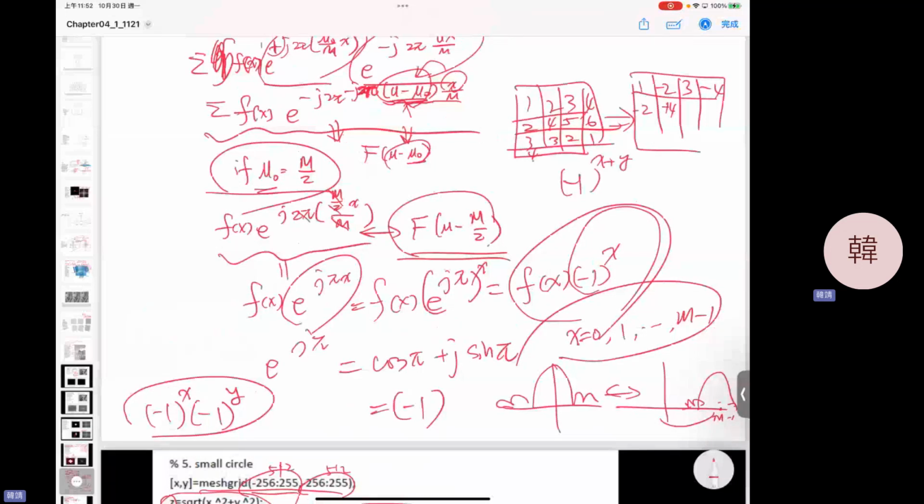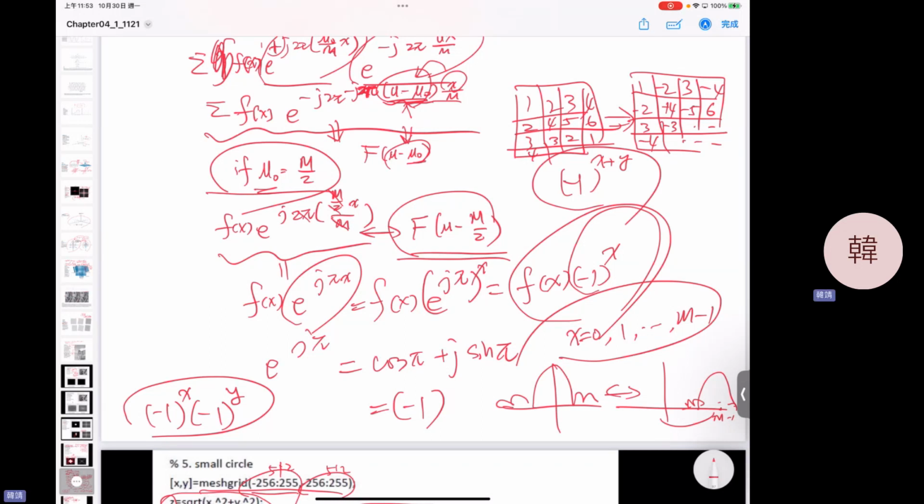As long as the sum of the x index and y index is an odd number, you multiply by minus 1. If the coordinate sum is an even number, you multiply by 1. So it's like this result. I'm not going to do this anymore. So this is FFT shift, very easy to do. You can write it by yourself easily.